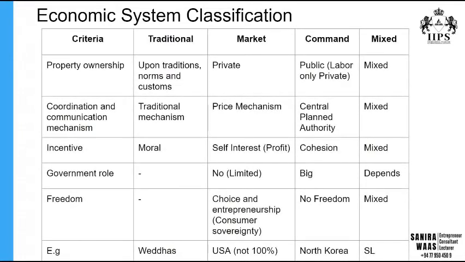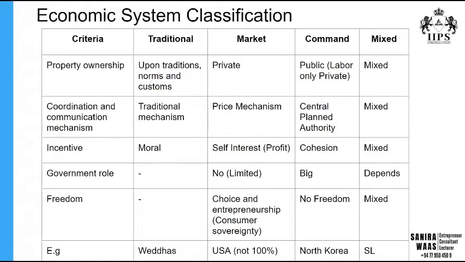Now let's put all these economic systems classified in one page so that we can see the variety, the reason behind the variety, and how these economic systems change from one to another. Right, so we have got a little summarized grid, where you can find the criteria, then the different types of economic systems and how these vary from one to another.